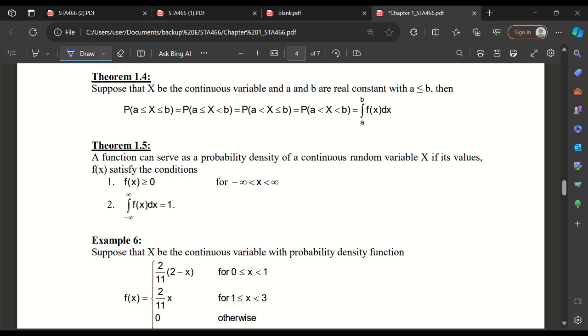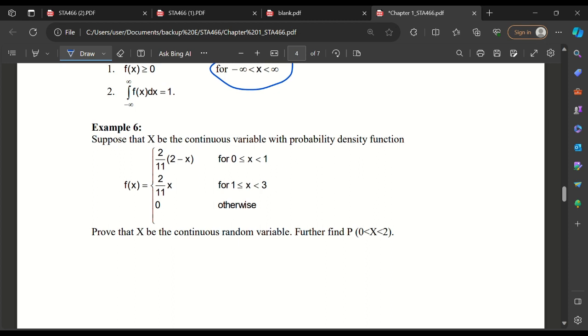And then the valid function of a continuous random variable is when you integrate the function with respect to x from negative infinity to infinity, depending on the possible values of the random variable, you will get 1. So we can say that it is a valid function of continuous random variables. Bezanya, discrete dulu, you kena sum up. You total all the probabilities, it should be 1. Kalau continuous, you kena integrate the function with respect to x, the value will be 1.